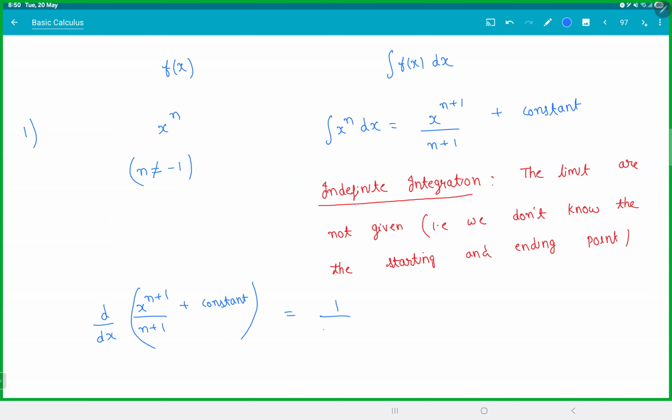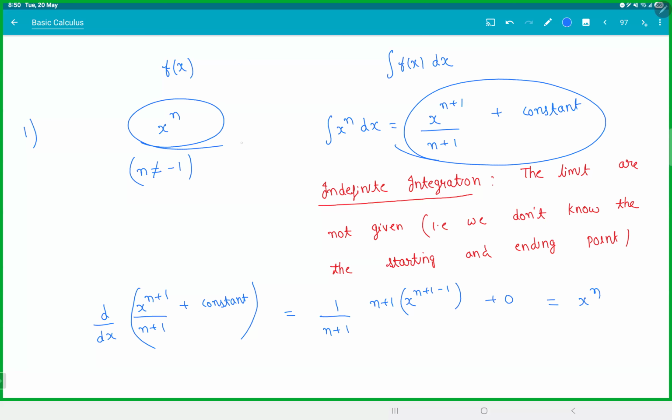This will become 1 by n plus 1 into n plus 1 into x power n plus 1 minus 1, and the constant is 0. You'll get x power n back. Is this making sense? So that constant won't matter. Whenever you differentiate, it will become 0.